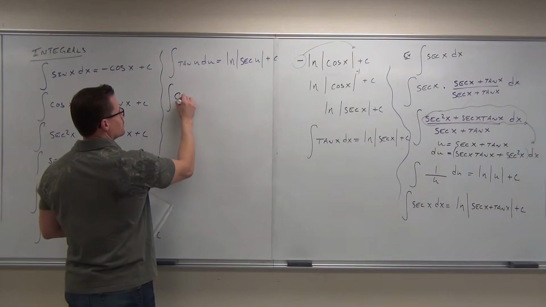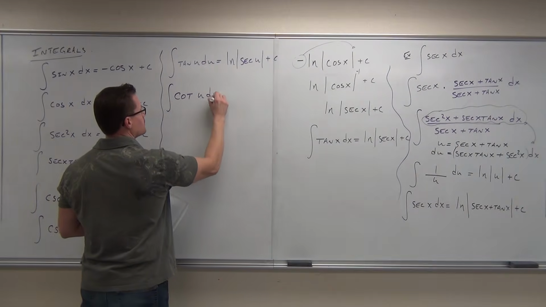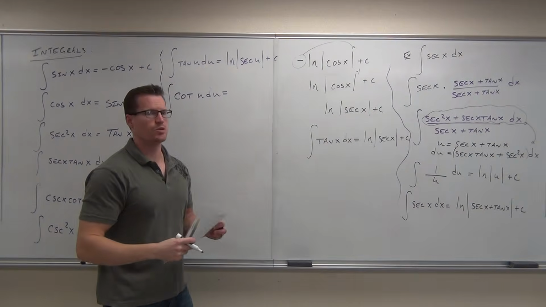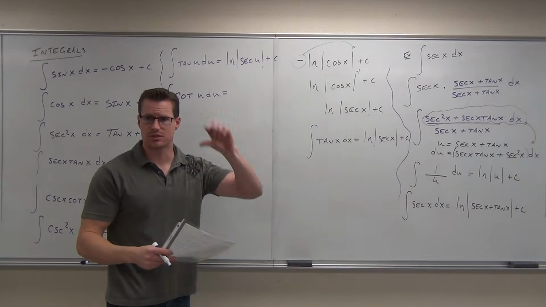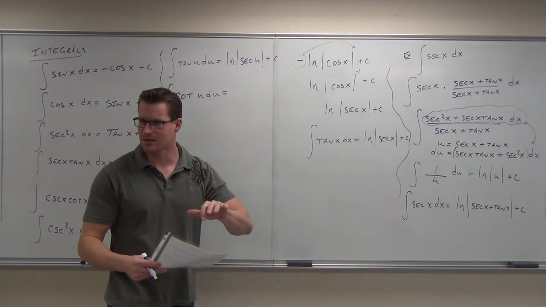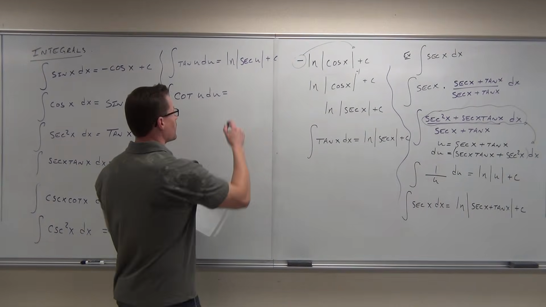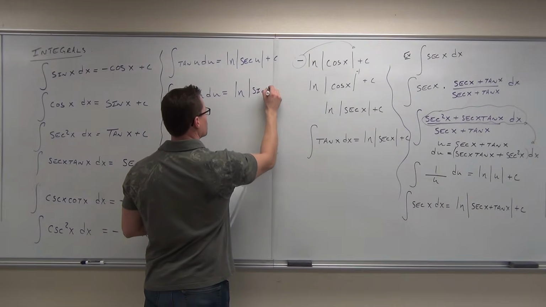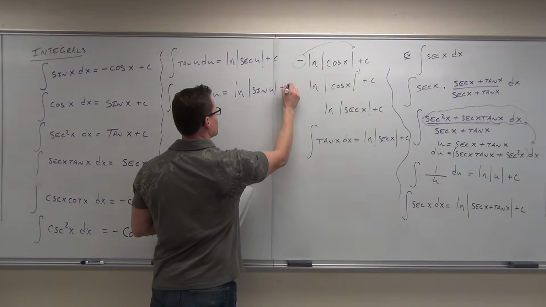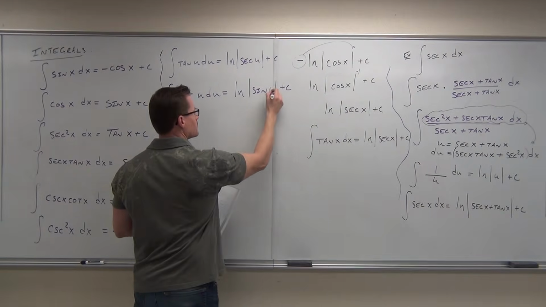We didn't do cotangent u, but I hope that you understand it would be really, really similar to tangent. All you'd have is cosine over sine, you do practically the same thing, and you're going to get this.